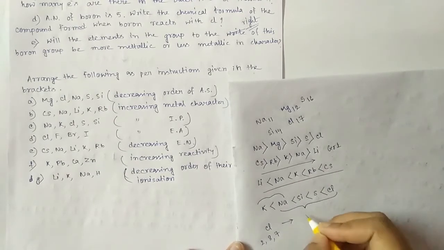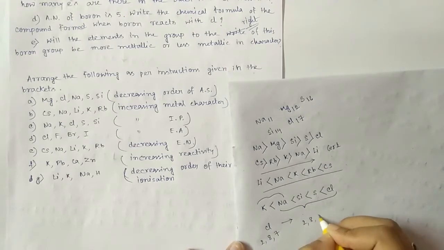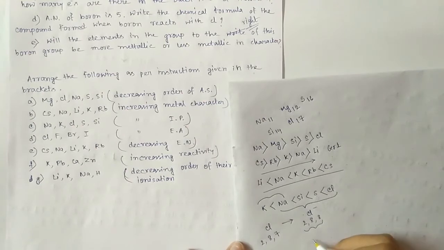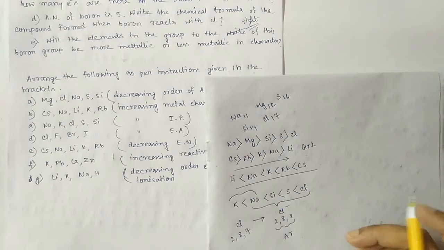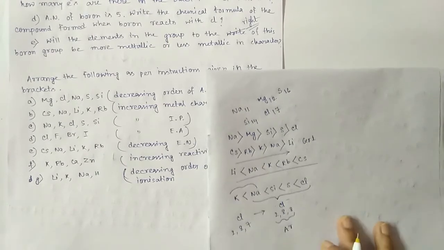If it gets one electron in its outermost shell, it will get an electronic configuration like an inert gas, that is argon. So it will get stability, and as it is gaining stability, it will release more energy. So that is the question.